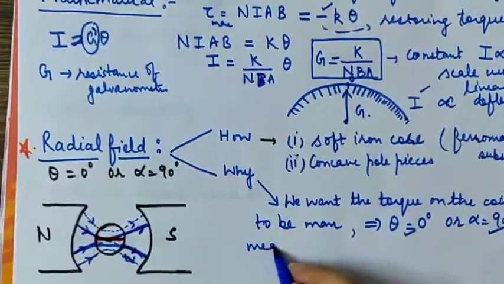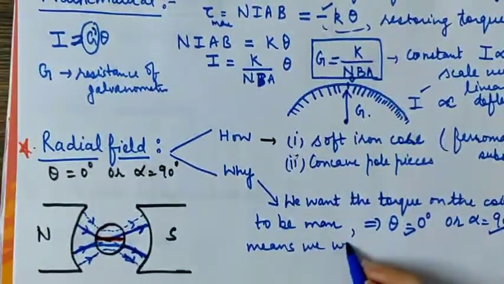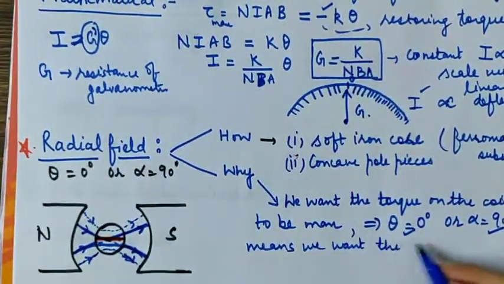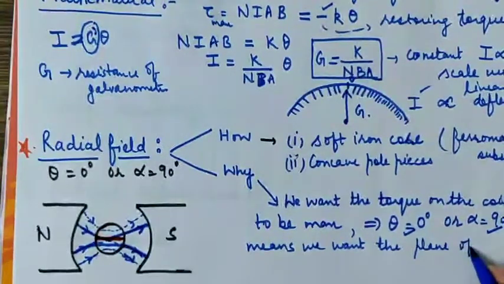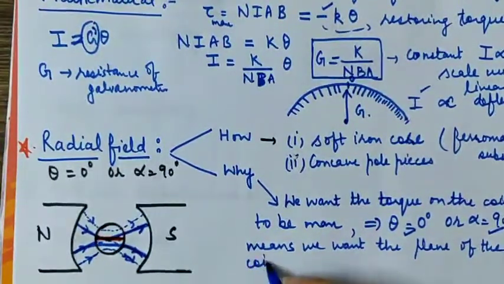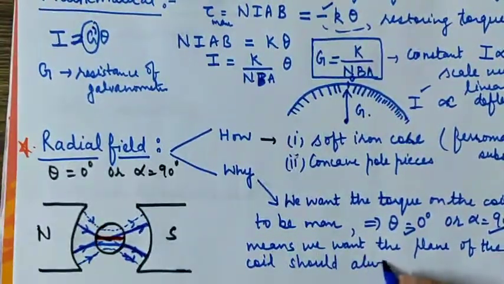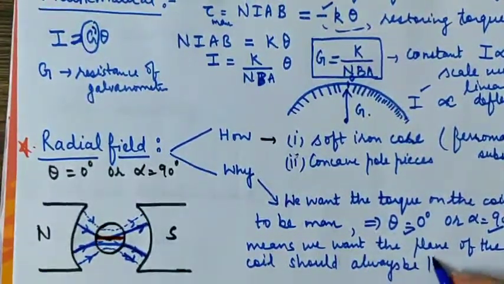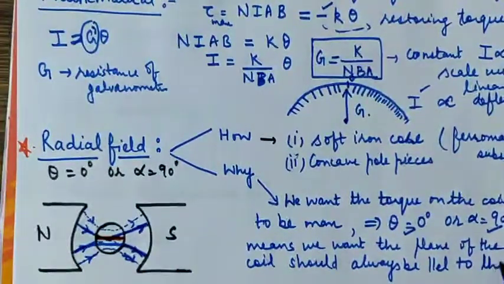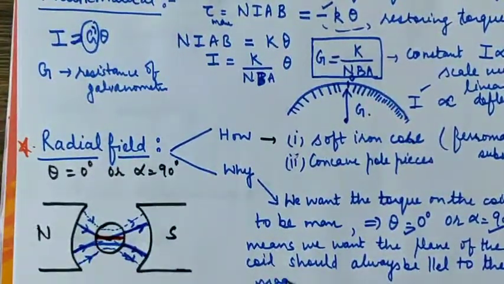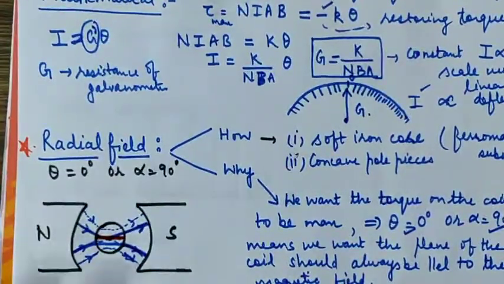Means we want the plane of the coil to always be parallel to the magnetic field. So this is the point that we should remember about the radial field.